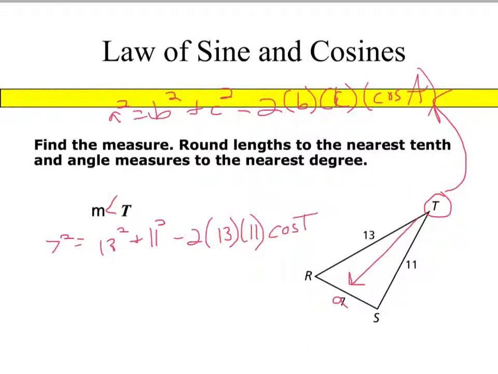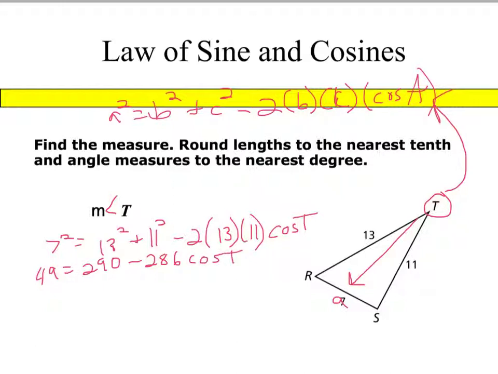That's what I'm trying to figure out. So I just start my first step with multiplying. 49 is equal to 13 squared plus 11 squared, which is 290, minus 2 times 13 times 11, which is 286, cosine of T.